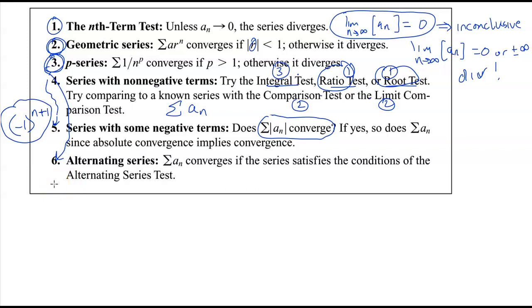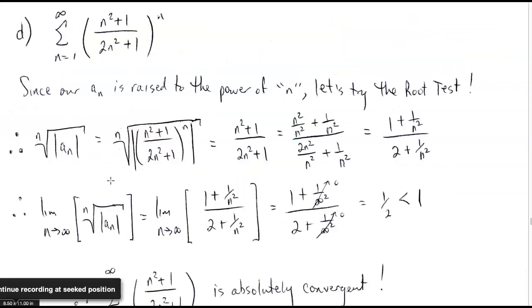And of course, we've talked about the alternating series test before, but basically we just need to see for this a sub n here, if the absolute value of that, which is equal to b sub n, if these terms ultimately decrease and approach 0 as n approaches infinity. So if we know it passes that, then we know that our series will conditionally converge by the alternating series test. Otherwise, it's going to diverge.